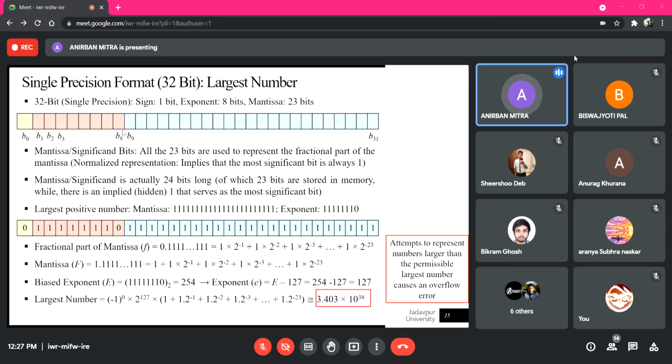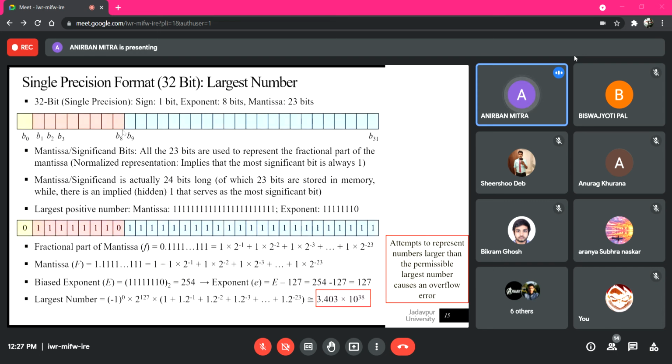What about the smallest number? We'll come to the smallest number next. But before that, let me just say that if you want to represent a number higher than this value of 3.403 into 10 to the power 38 through this format, it causes an error.